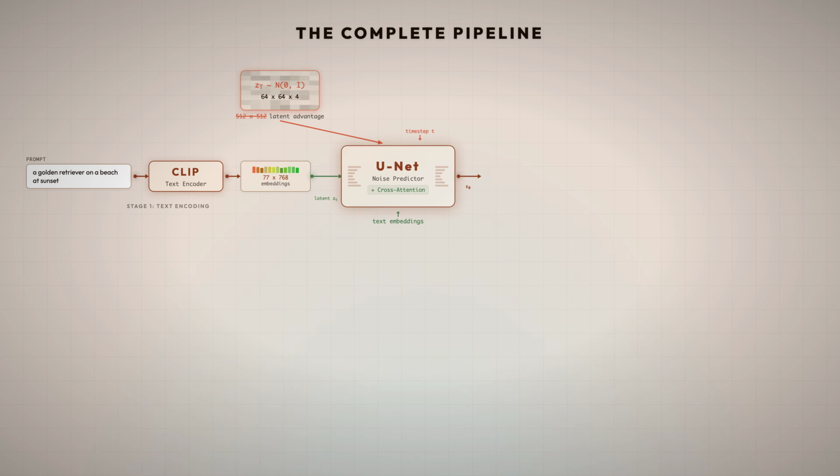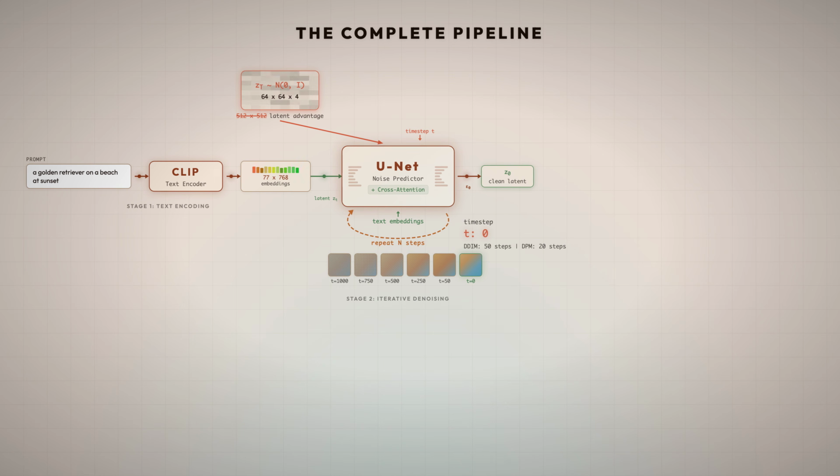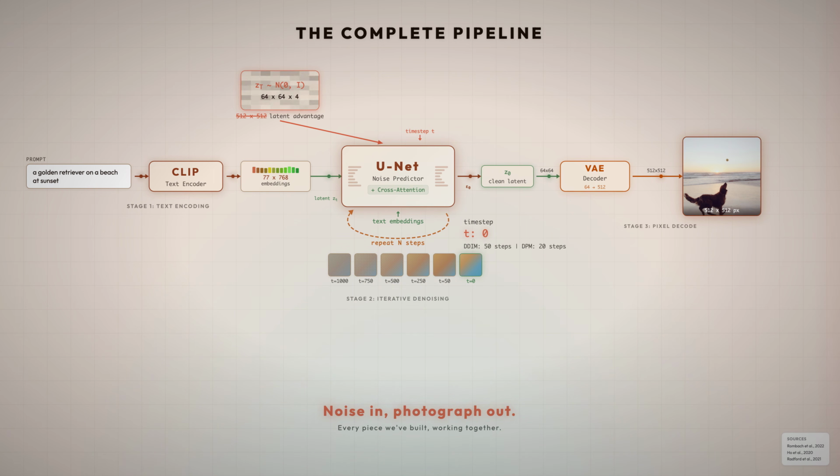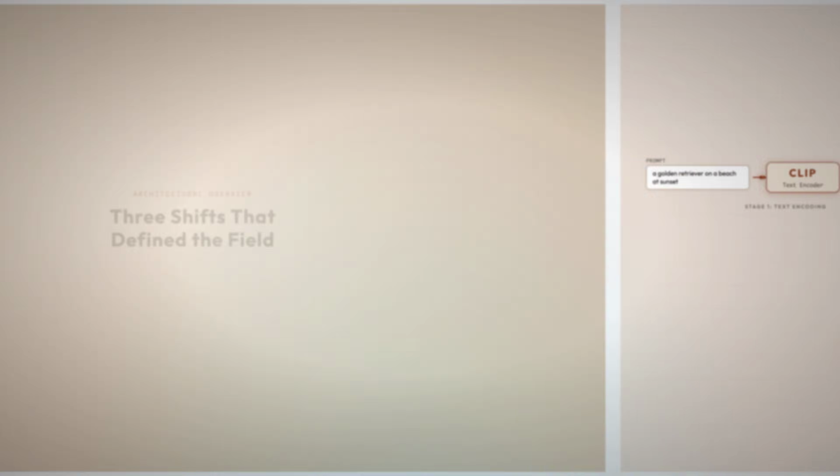It predicts the noise component, subtract the scaled prediction, inject fresh stochasticity, repeat. After n steps, 50 with DDIM, 20 with DPM solver, a clean latent emerges. The VAE decoder maps this 64 by 64 latent back to a 512 by 512 pixel image. Noise in, photograph out. Five years.